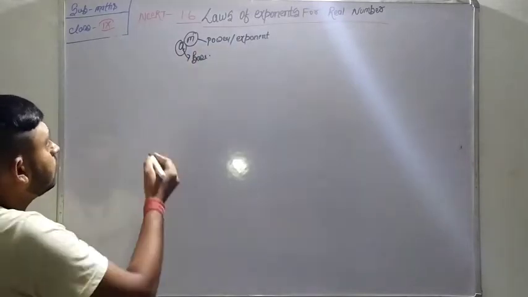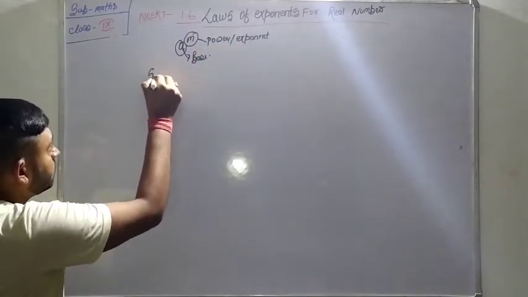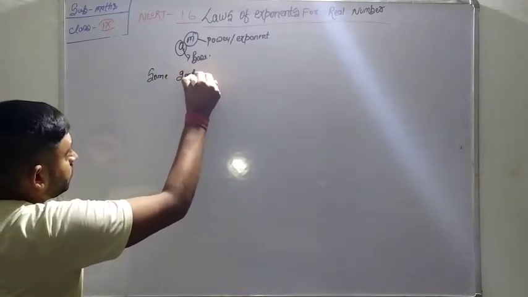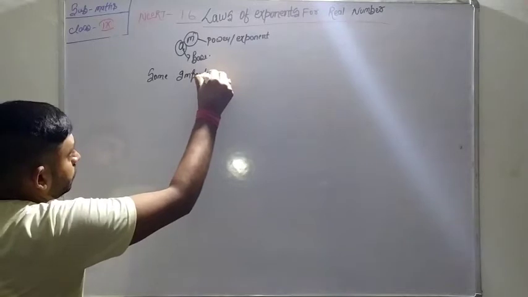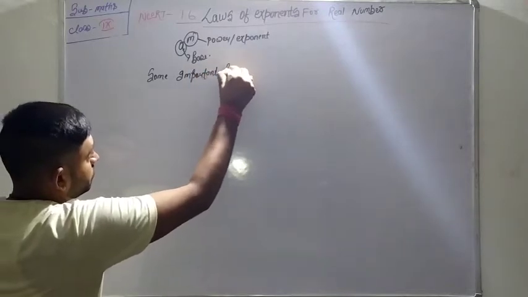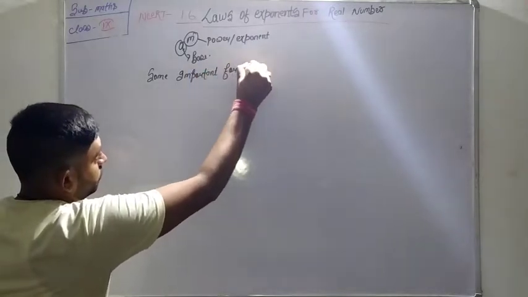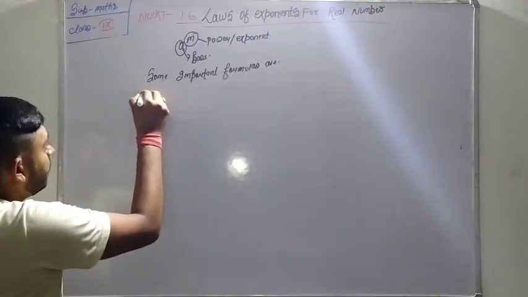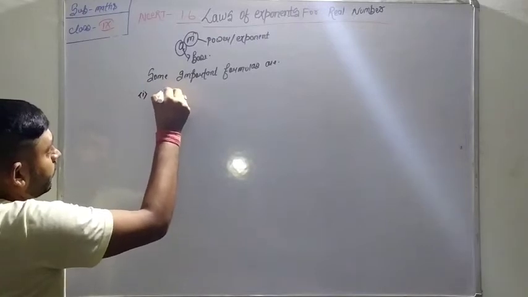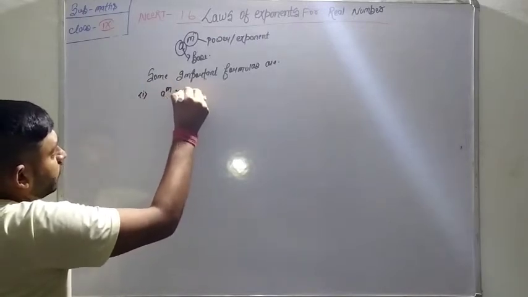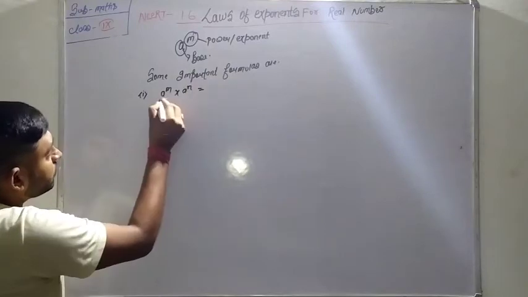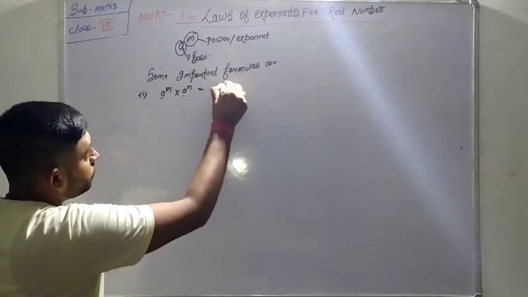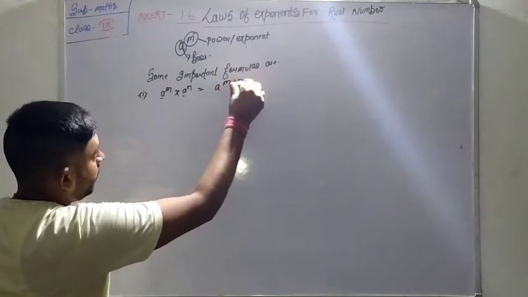Now, some important formulas. Number 1: a raised to the power m into a raised to the power n. That means when both the bases are equal, then it is a raised to the power m plus n.